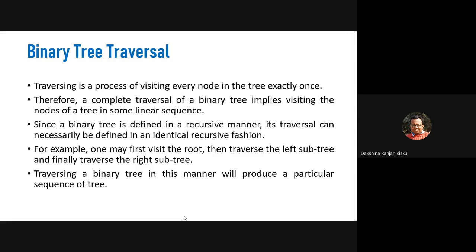So traversing a binary tree in this manner will produce a particular sequence of the tree. If we visit the nodes in this particular sequence, then we could have three different tree traversal algorithms or types. We can give these traversals the names pre-order traversal, post-order traversal, and in-order traversal.